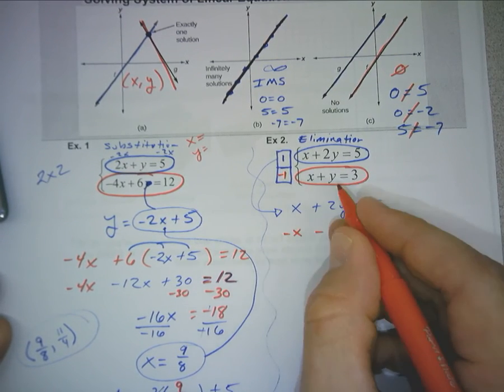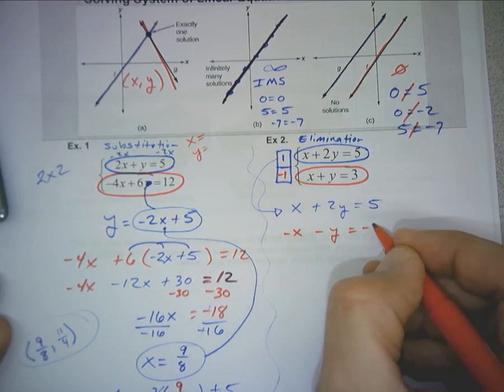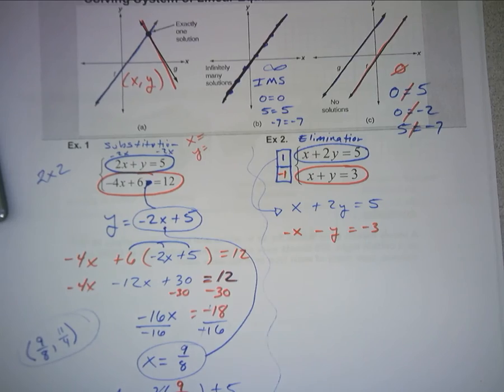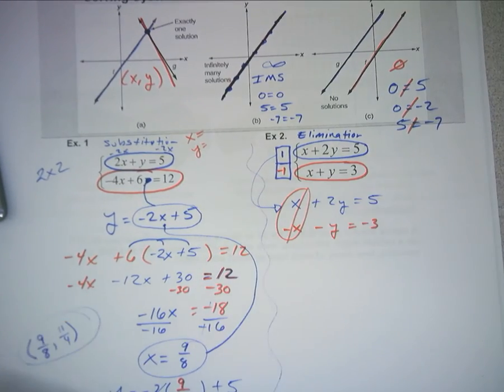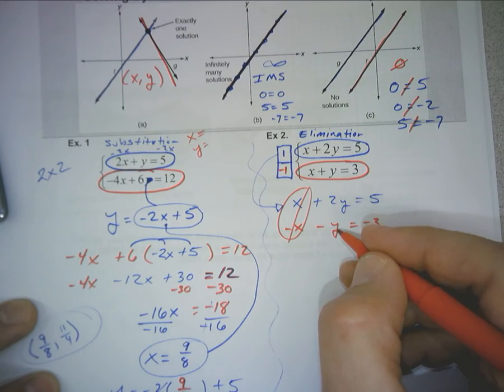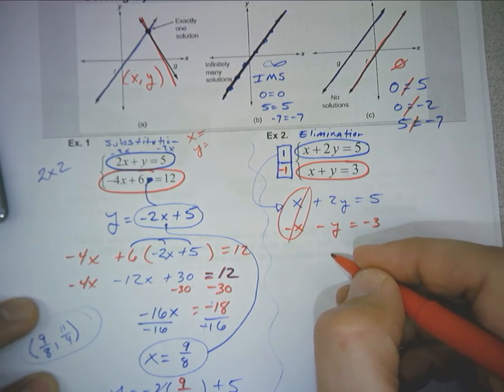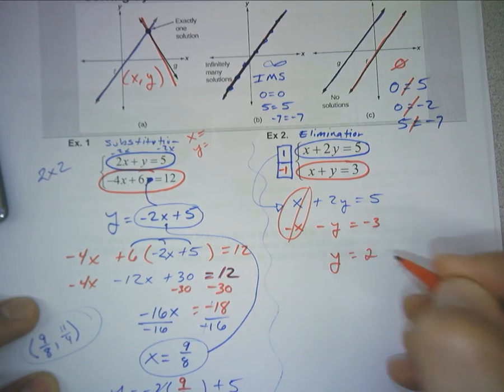So negative x, -1 times y is negative y, and -1 times 3 is -3. Now we did all that work so that the x's eliminate. So I have 2y minus y is positive y, and 5 minus 3 is 2.